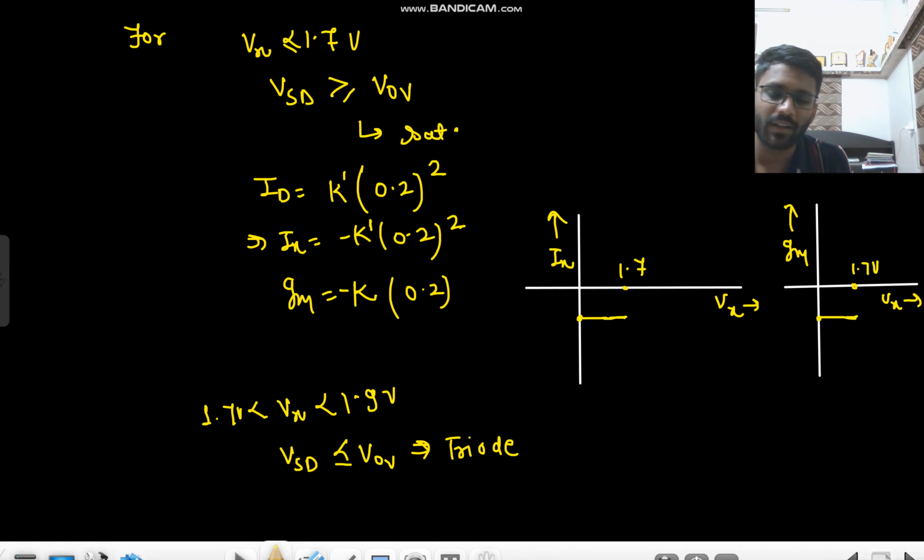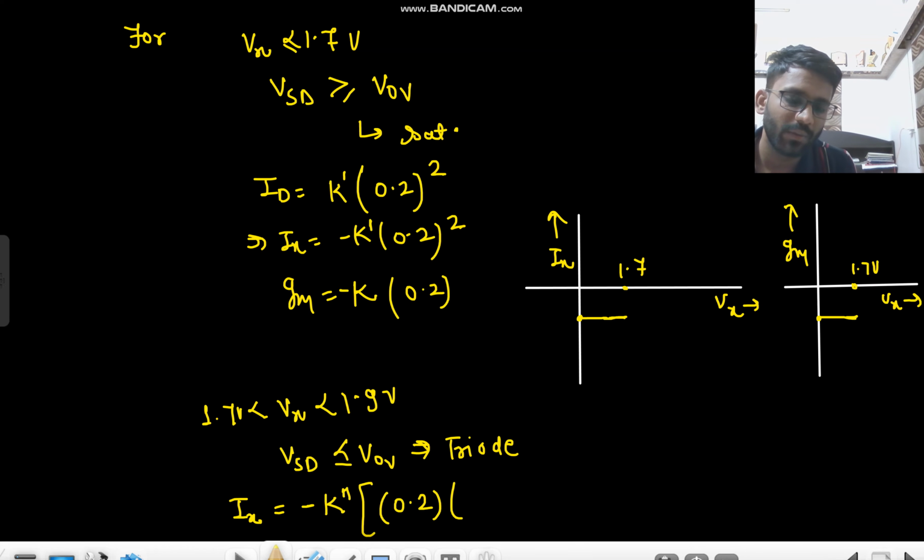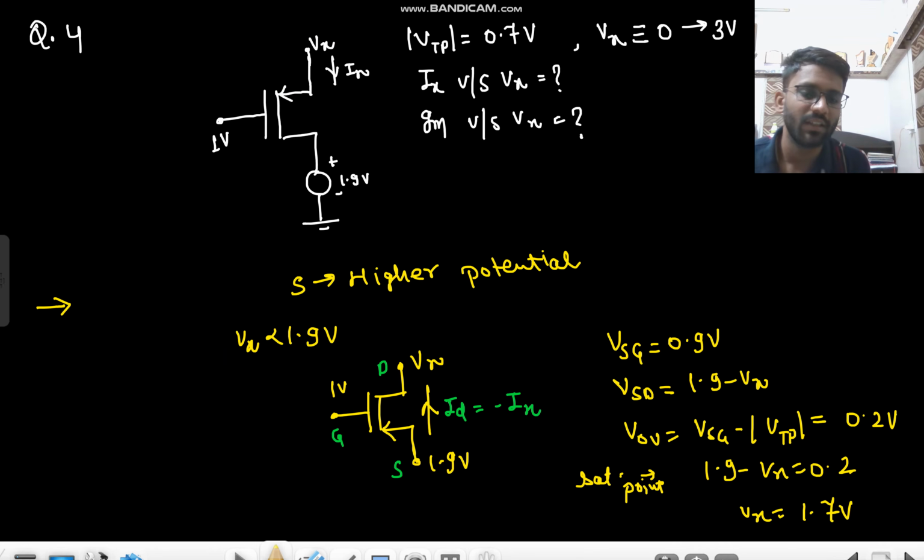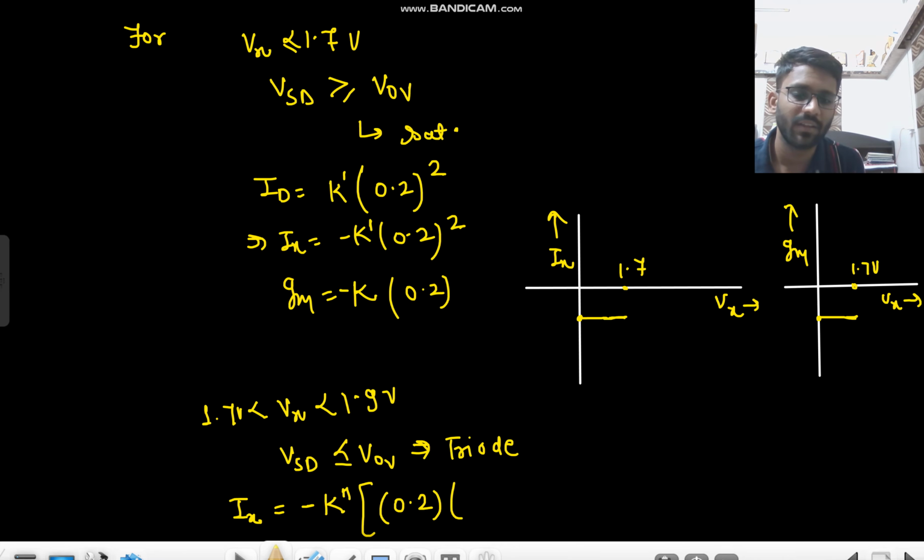Okay, and the current in triode region would be given by, I can write Ix equals minus K some constant, VSG minus VT into VSD, 1.9 minus Vx, minus VSD square by 2, and this bracket closed.